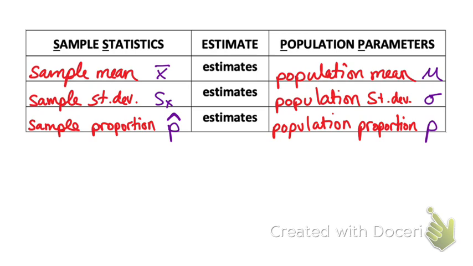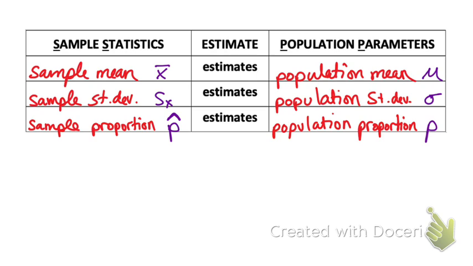Okay? So, what statistic do you use to estimate mean? X bar. What statistic do you use to estimate standard deviation? S sub x. What statistic do you use to estimate a proportion? P hat. What parameter do you use to estimate mean? Mu.